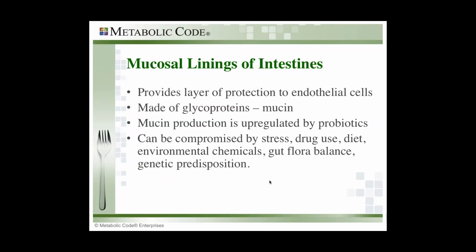So we know that in order to have healthy mucosal linings in the intestines, we need a good amount of mucin production, and that mucin comes from the fact that we have good amounts of probiotics and beneficial flora in our intestinal tract.